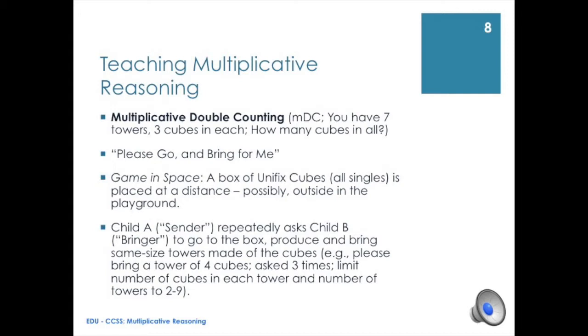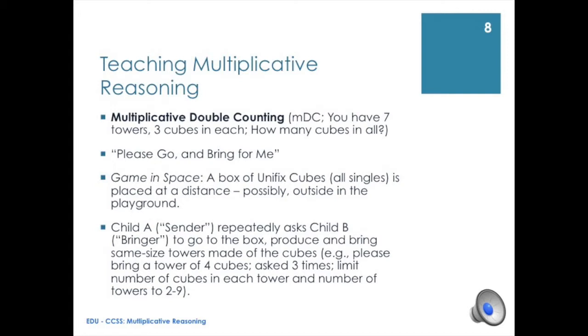But anyway, in the game, there are 2 roles. So 2 students at least are playing the game together. I've also done it where there's a 3rd person who can be a helper, but having 2 kids at one time is sufficient. One is a sender who's asking the other student to go and create these towers and bring them back.